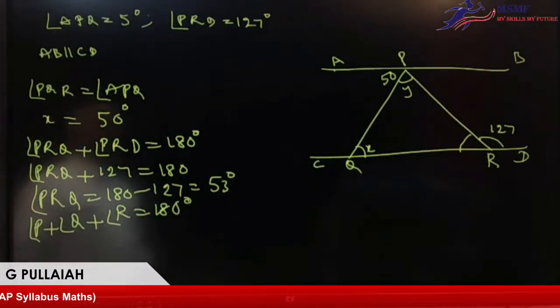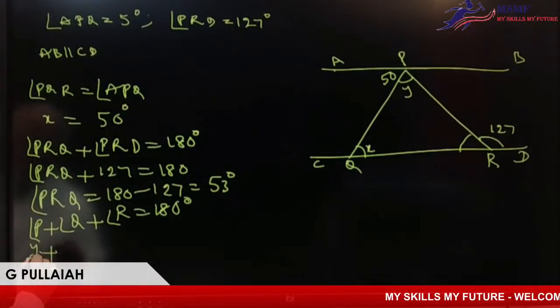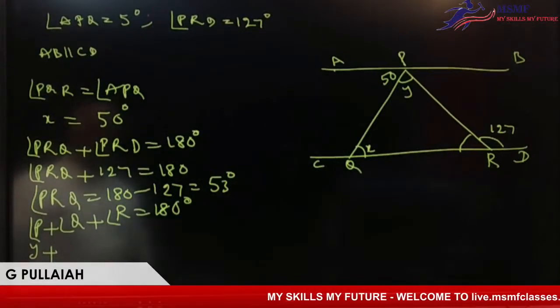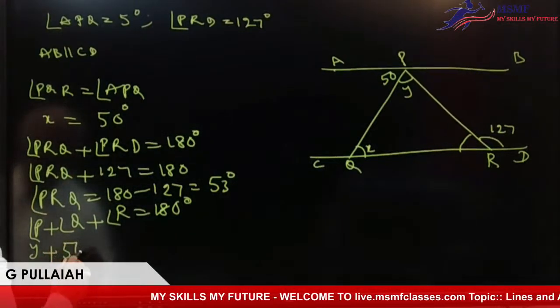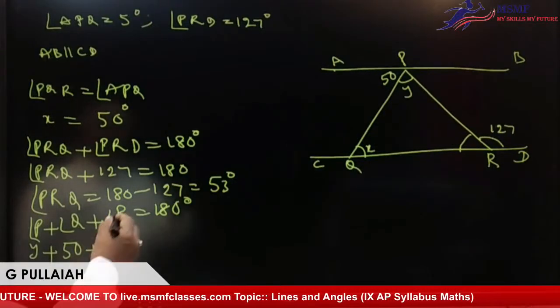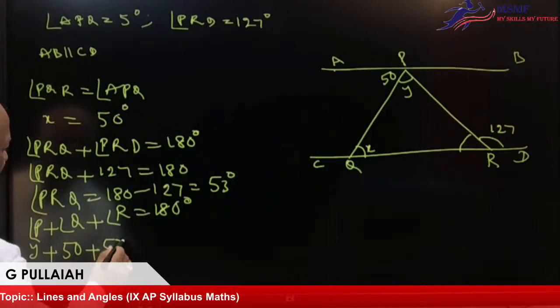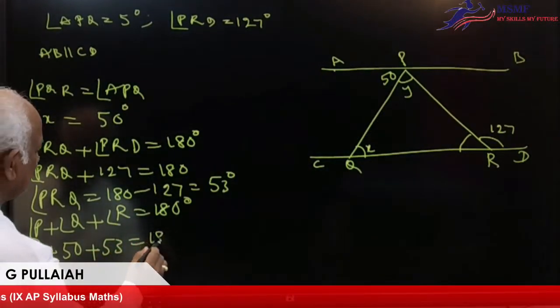Here angle P we don't know, it is y, plus angle Q is equal to angle x, which is nothing but 50 degrees. And here angle R is nothing but angle PRQ, which is 53 degrees, equal to 180.